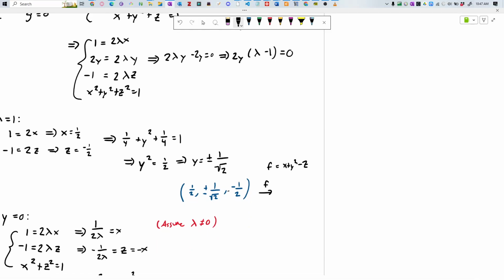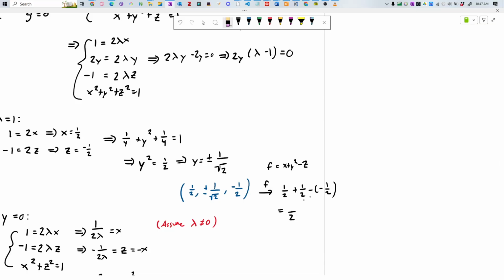So if I evaluate f on this, we'll get 1/2. The y squared is going to get rid of the sign difference, so it'll just be a plus 1/2 minus negative 1/2 for the z value, which equals 3/2.